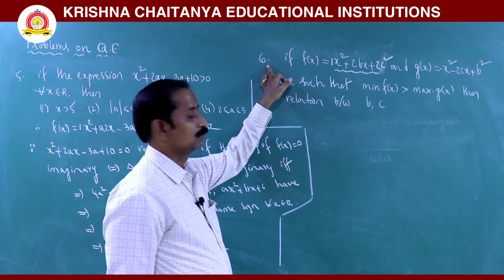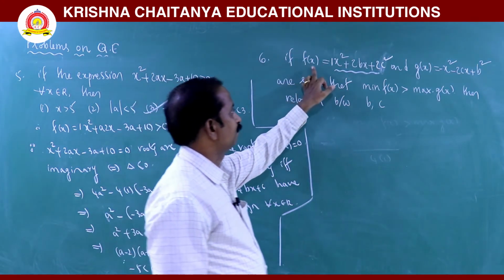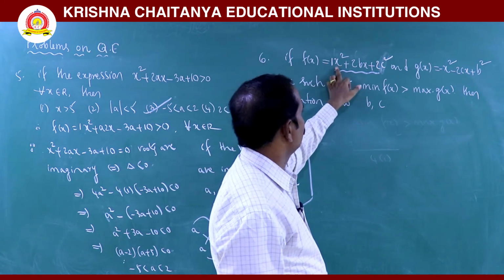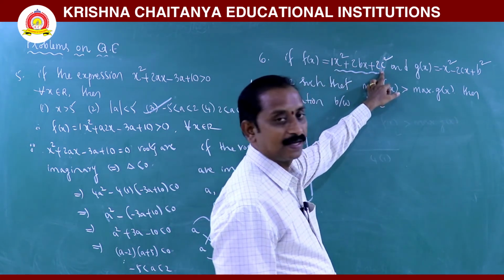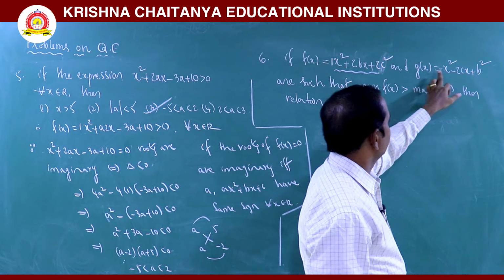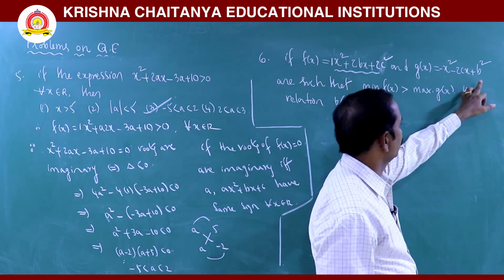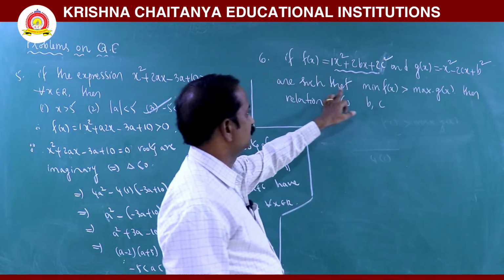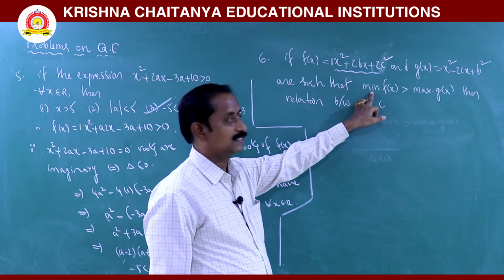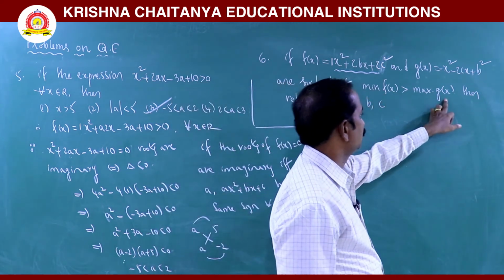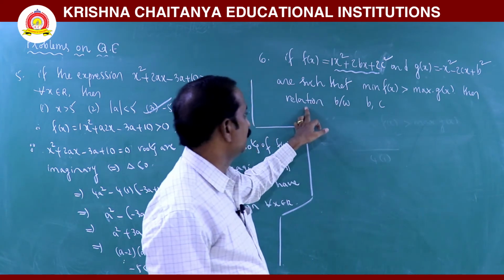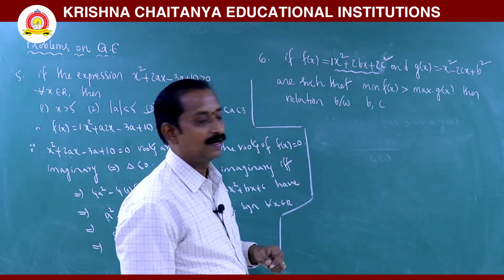Now move to the sixth problem. f of x is nothing but x square plus 2bx plus 2c square and g of x is nothing but minus x square minus 2cx plus b square, such that the minimum of f of x is greater than the maximum of g of x. Then we need the relation between b and c.